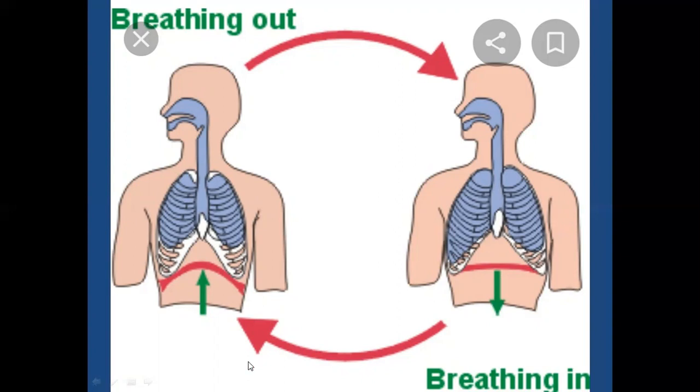But when the diaphragm goes back to its original position, it relaxes. Then the air moves out of the lungs. When the air moves out of the lungs, this is called exhalation. So there are two processes which take place: one is inhalation, and the second is exhalation.